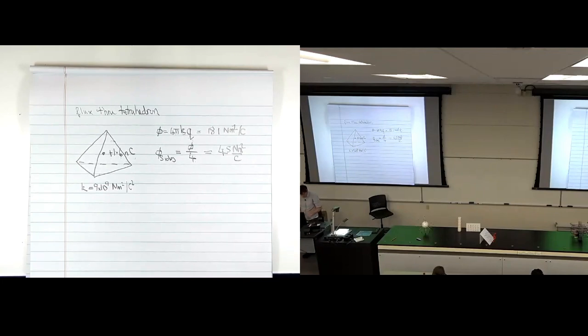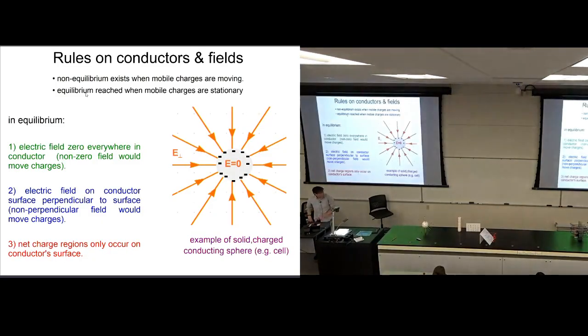So I want to introduce a rule about fields and charges and fluxes for conductors. So this is the slide on the rule, and then we'll look at the example.